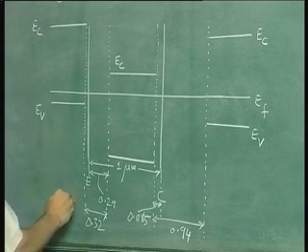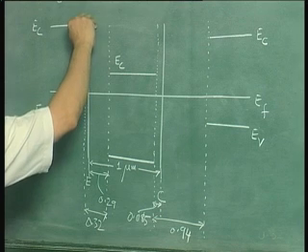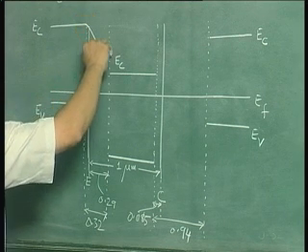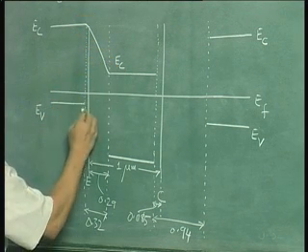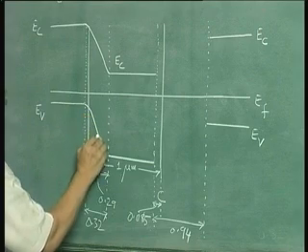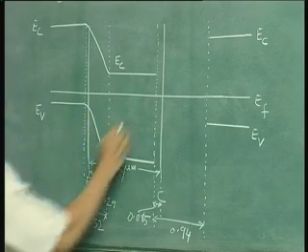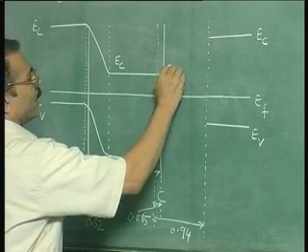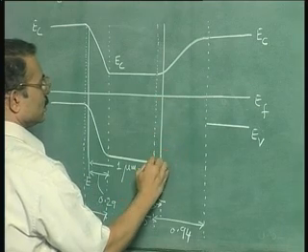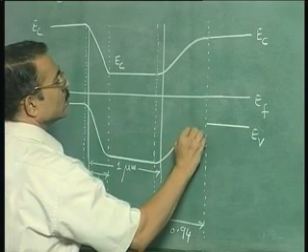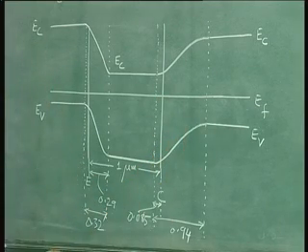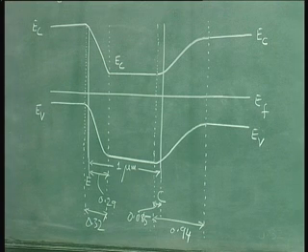Now we join as a continuous line the conduction and valence band edges. So this is what you have as the energy band diagram.